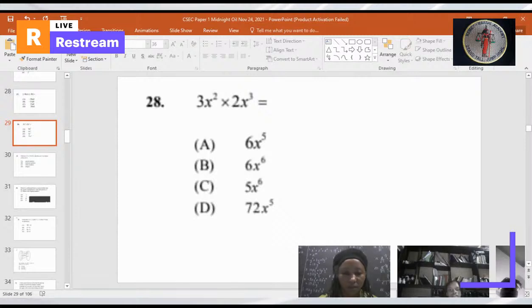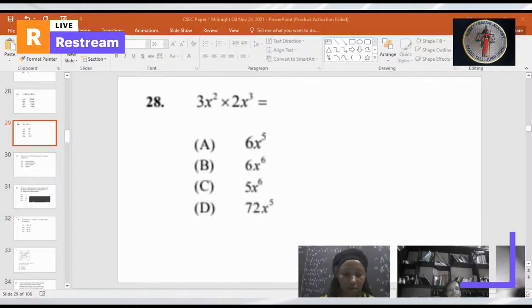All right. Is Dreshan back? Yes, miss. Number 28. X square multiplied by 2x cube. This is laws of indices, which we did just this evening in our formula class.